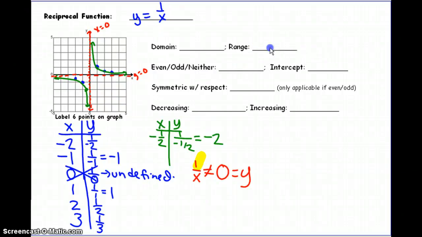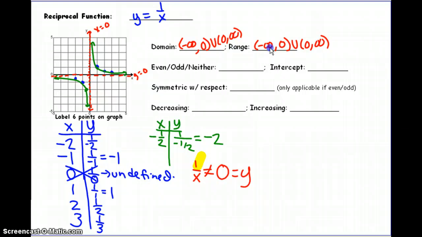So the domain of my graph is -∞ to 0, but not including 0, and then from 0 to infinity. My range is from -∞ to 0, but not including 0, and also from 0 to infinity.